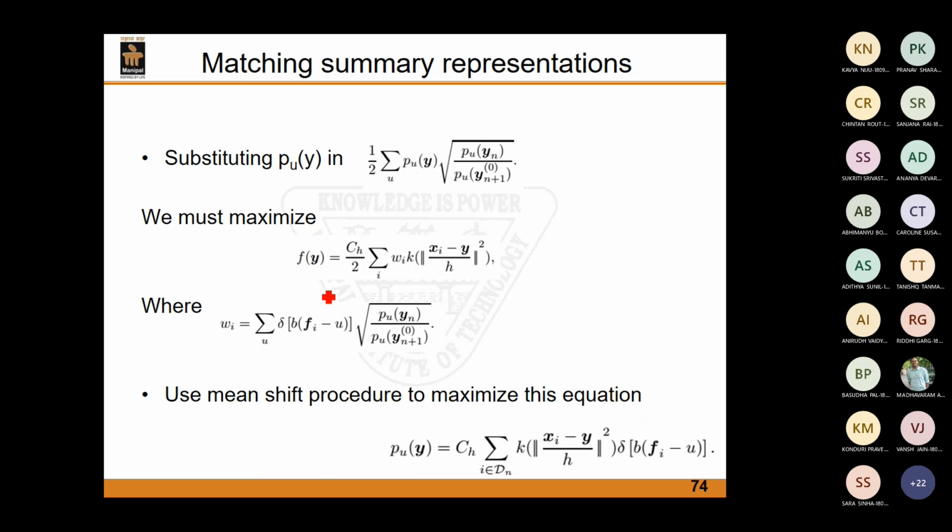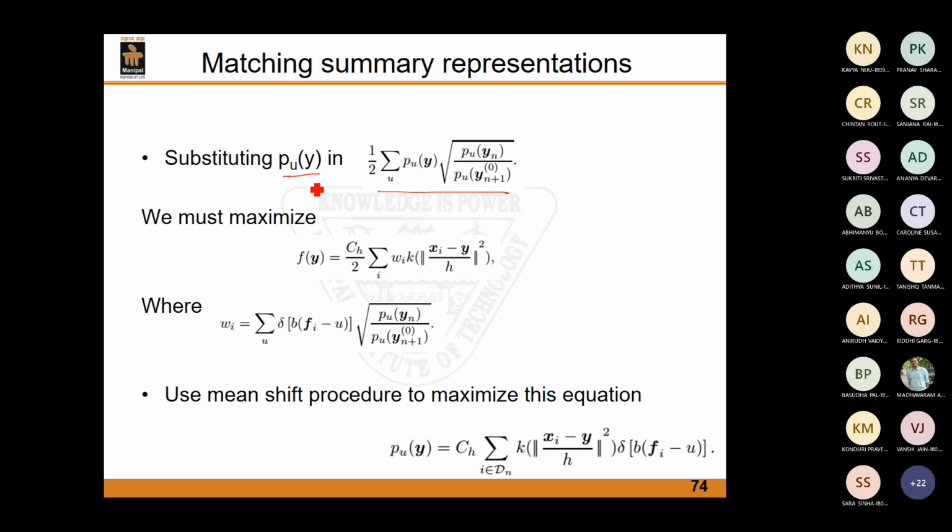Okay, so once you have found the value of p_u of y, now what we can do is substitute it in the equation which is present over here. As I said earlier, you're trying to maximize the Bhattacharyya coefficient. When you're trying to maximize the Bhattacharyya coefficient, we saw that after Taylor series expansion and after discarding all the higher terms, what you have is only the second term which contributes to the weighting factor, and this is the term we are trying to maximize, right?